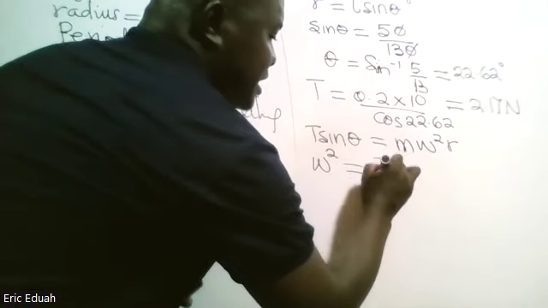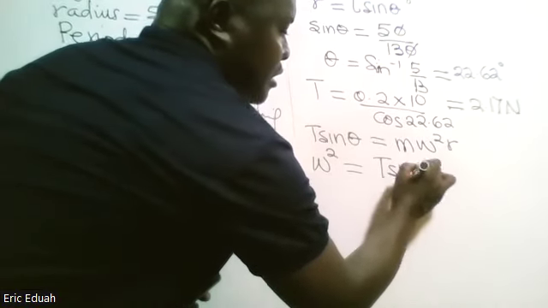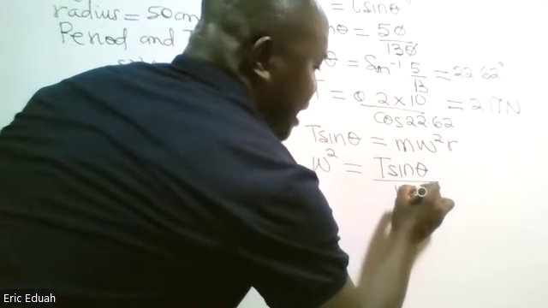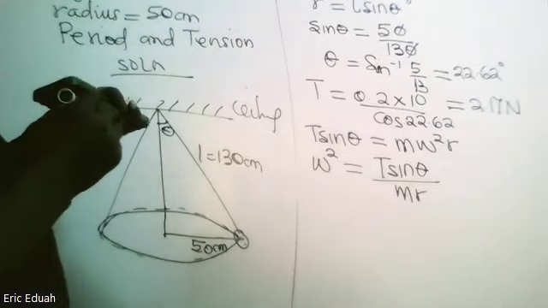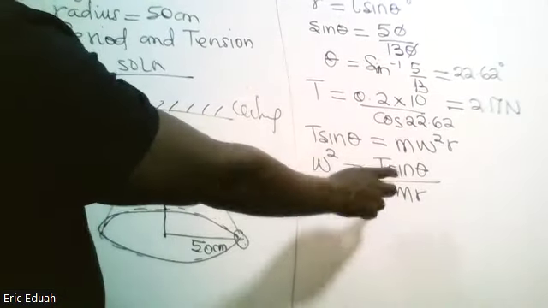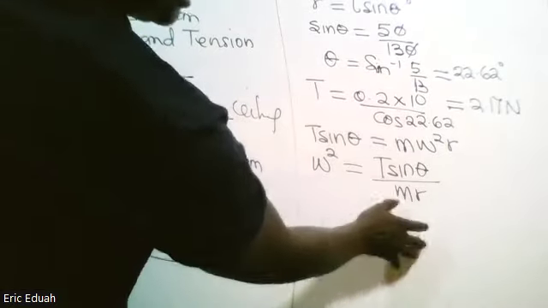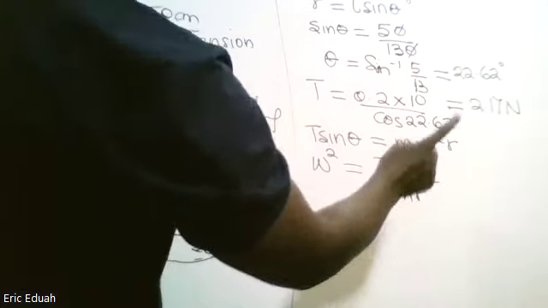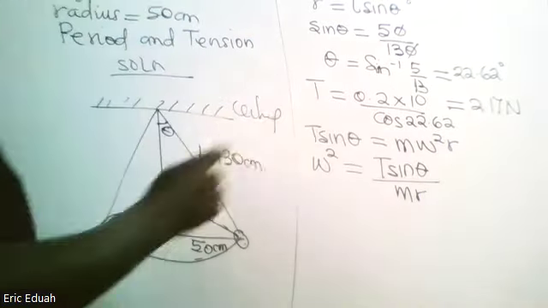I have T sine theta over MR. This is because I have every member of this family: I have T, I have theta, I have M and R, so I can find omega.